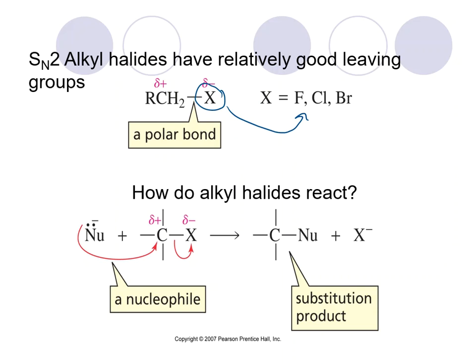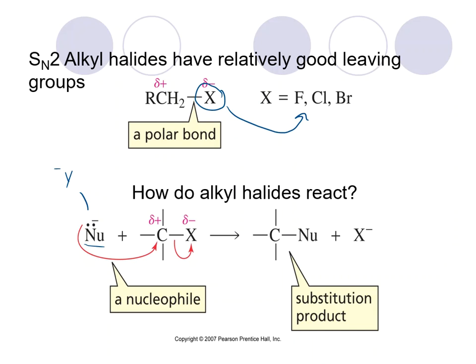All right, down below, how do alkyl halides react? Well, this is the mechanism that we're going to be doing over and over and over. So with SN2, we have this nucleophile that I can also represent with a Y. You pick it. It means the same thing in the world of organic.